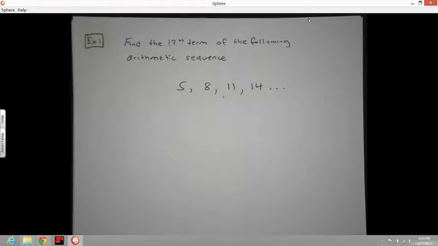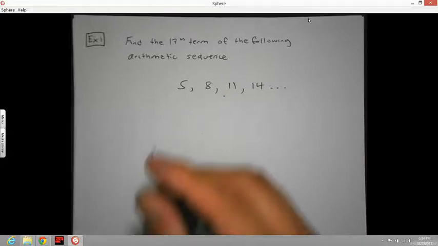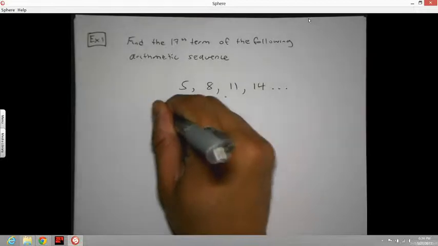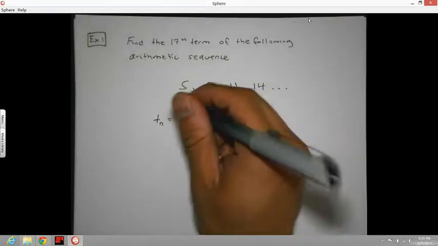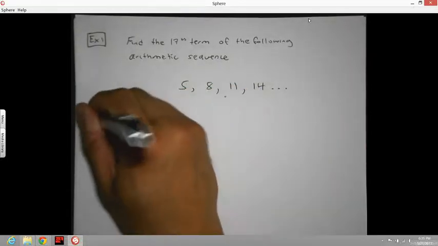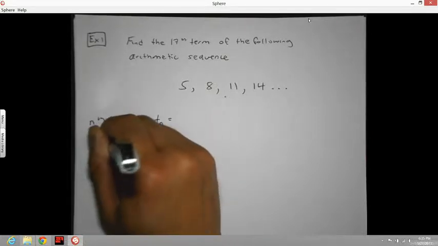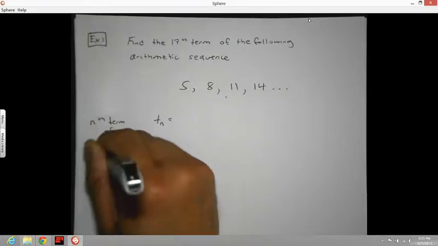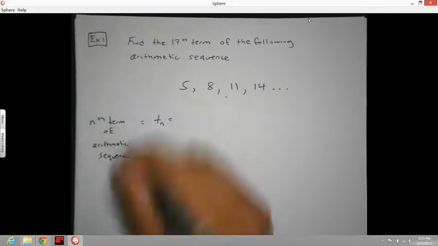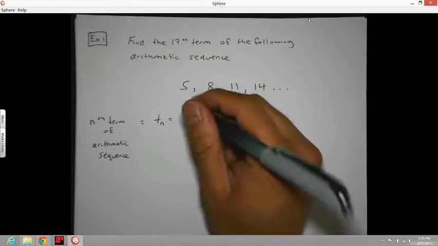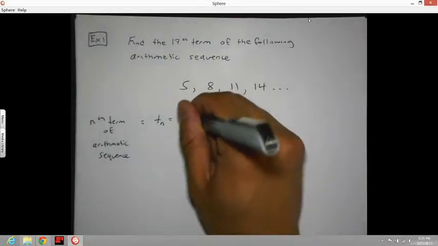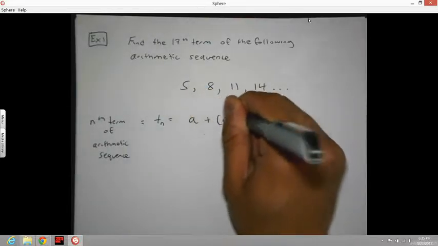Okay, so far so good. I hope you found it. The formula you use is, again, the one for an arithmetic sequence. So the nth term of an arithmetic sequence is Tn, right? And the formula was a plus (n minus 1)d.